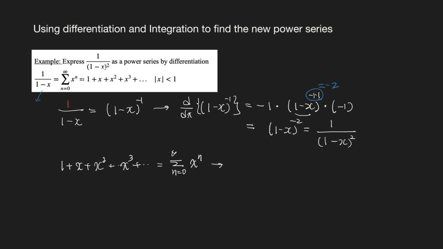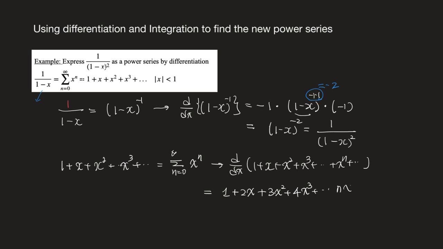We take the derivative term by term. The derivative of 1 is 0, of x is 1, of x squared is 2x, of x cubed is 3x squared, then 4x cubed.